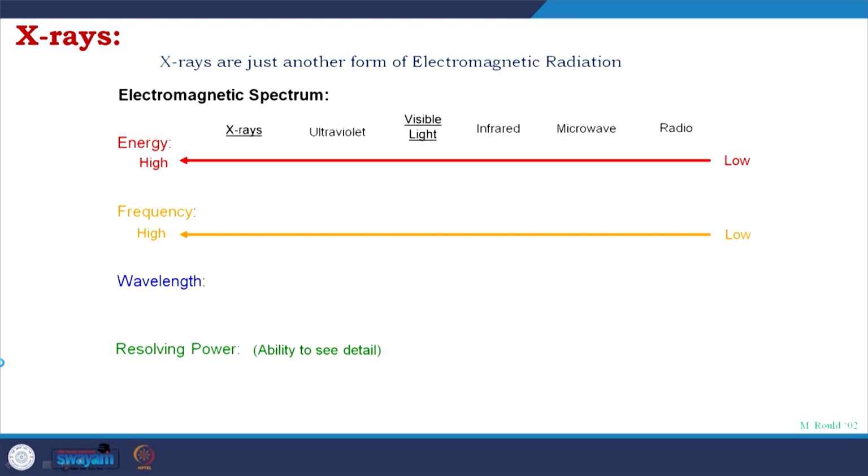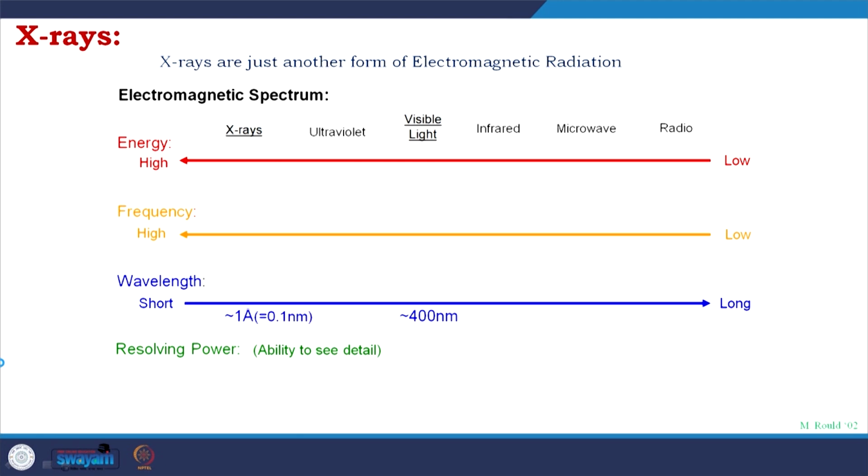The frequency, correlating to energy, also goes from low to high from radio to X-ray. The wavelength is inversely proportional, so it is going from long wavelength to short wavelength. And if you look at the visible light, it is 400 nanometer, and for X-ray it is around 1, 2, 3 angstroms.